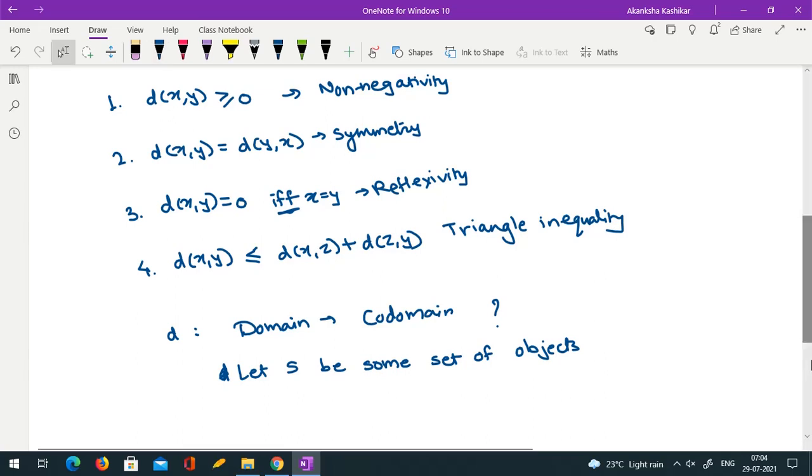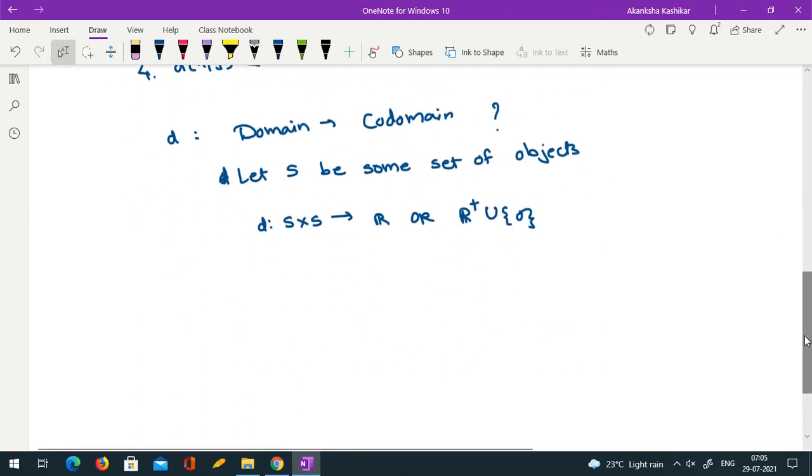Then you define the distance function as a function from S cross S to R, or you can say only the positive part of R union 0. In general, if I define it on R, it doesn't matter, codomain can be R, but the domain has to be S cross S, because distance is a bivariate function. You need two arguments as input, and only then can you compute distance.